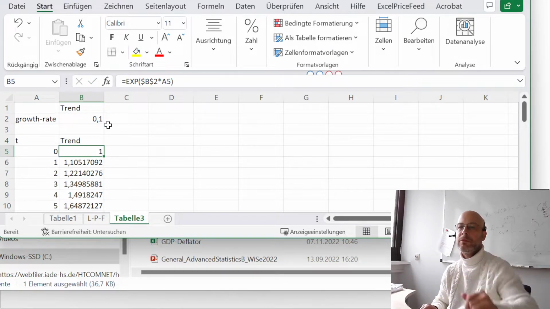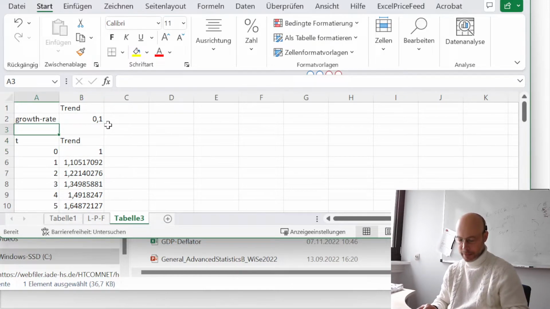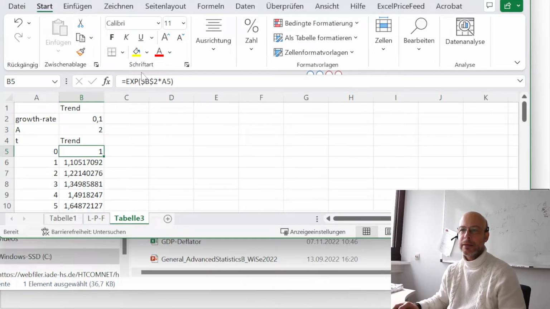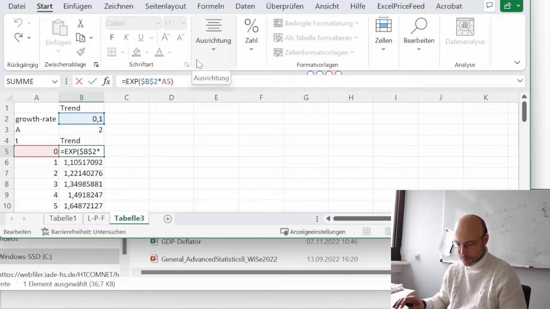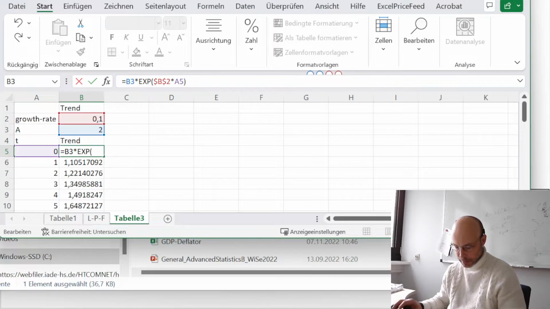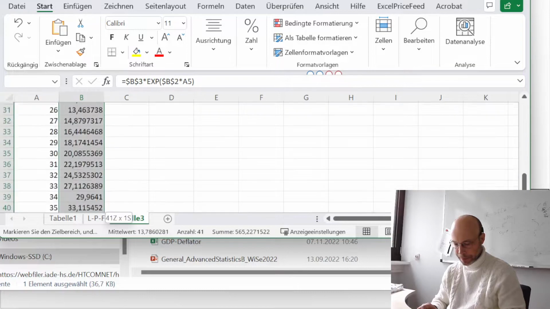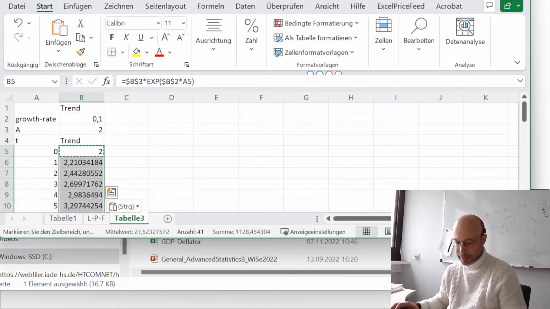And in order to move this trend up and down, we can also add a constant, let's say a, and let's start with just 2, and then we multiply our trend by 2, and we also have to fix this with dollar signs, and then every value will be doubled.